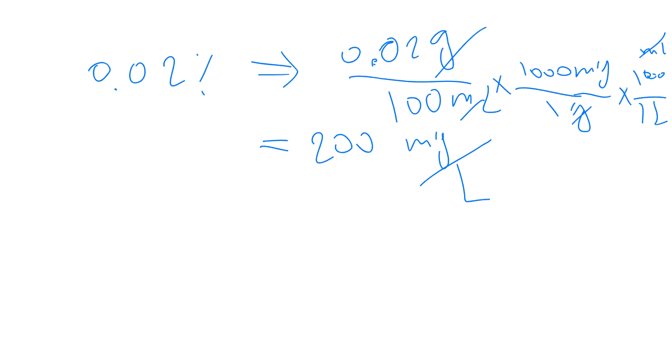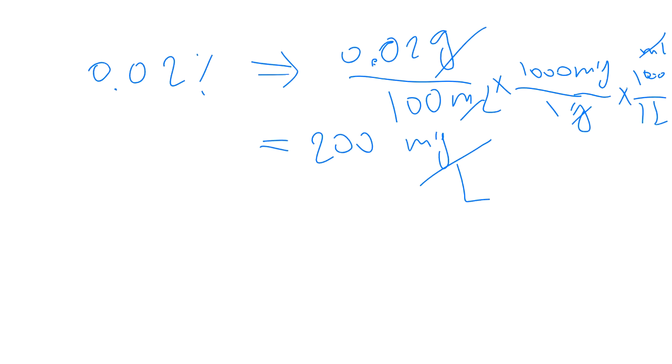So for theoretical value, the first one is going to be 200 milligram per liter. Second one is going to be 400 milligram per liter. Third one, you don't have to measure it. And the fifth one, the molarity is 0.005. Then you have to convert that to gram.